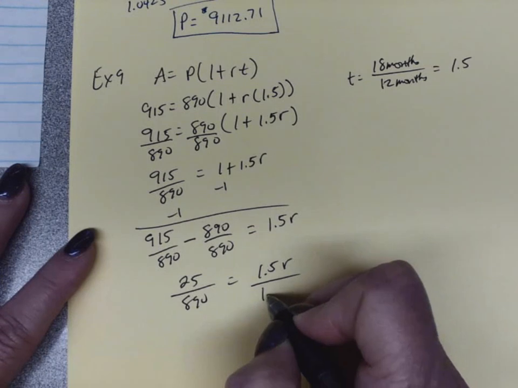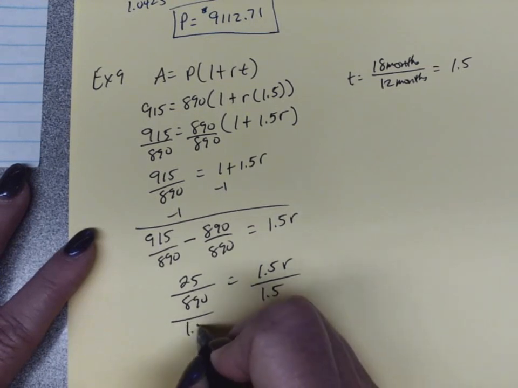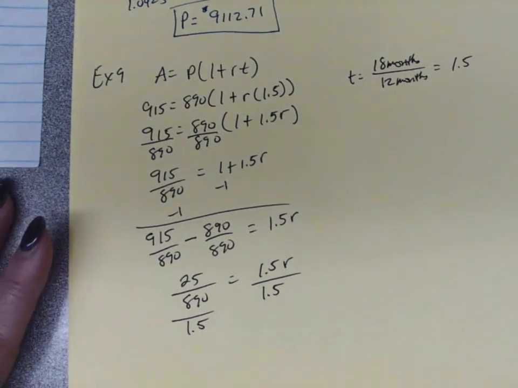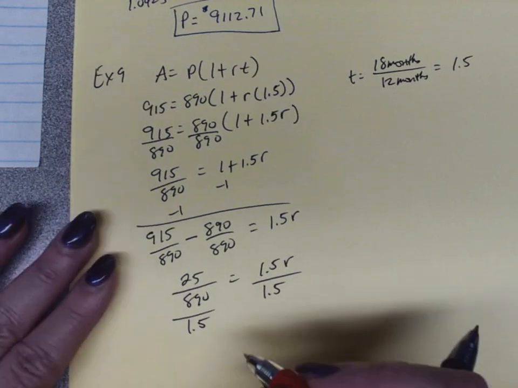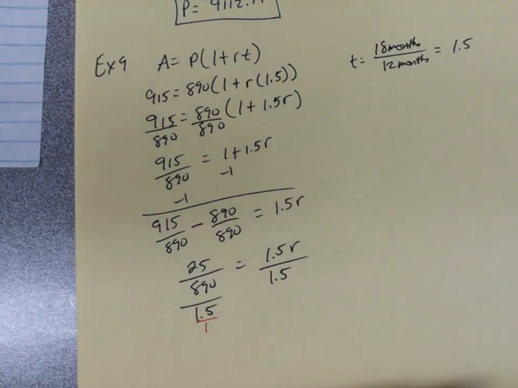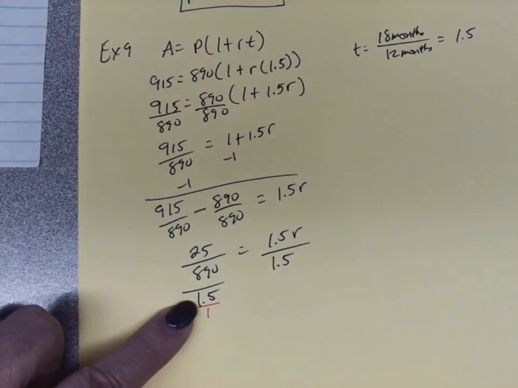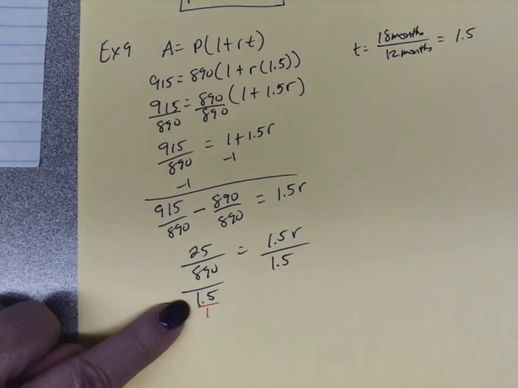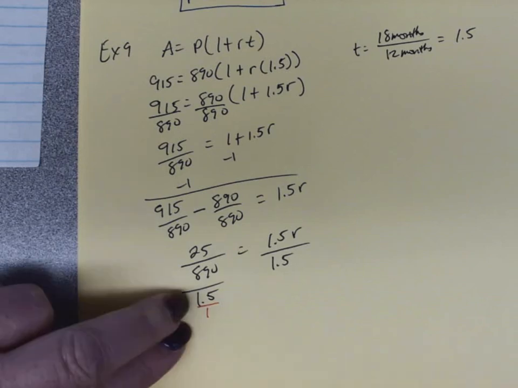Now we're going to divide both sides by 1.5. Now in your calculator you can put that 25 over 890 divide by 1.5. I am going to talk again about not dividing by fractions but multiplying by reciprocals.